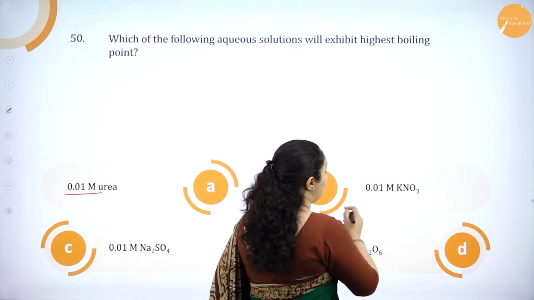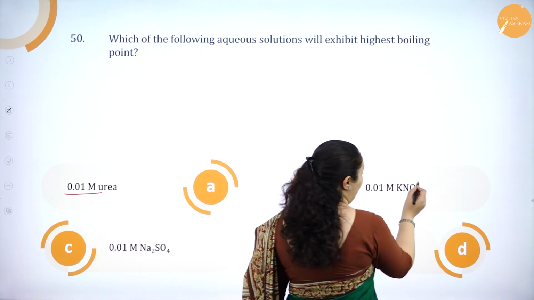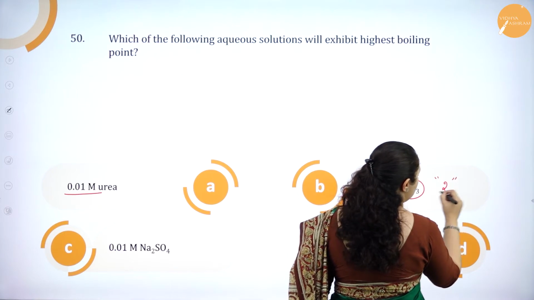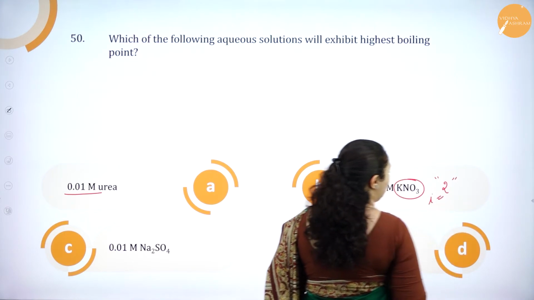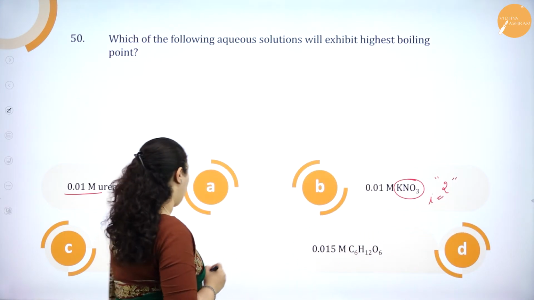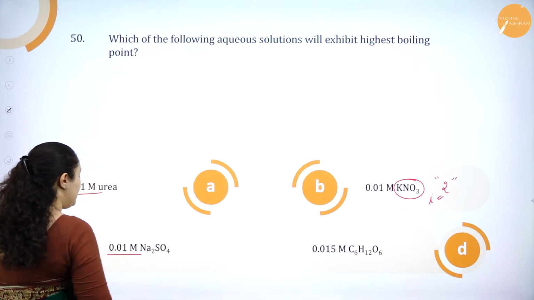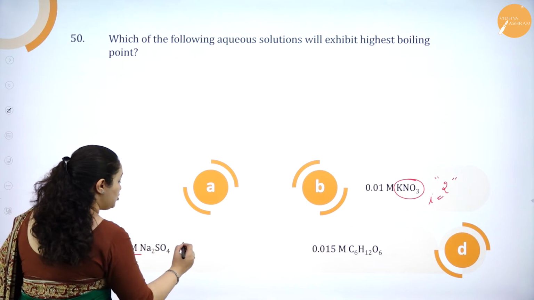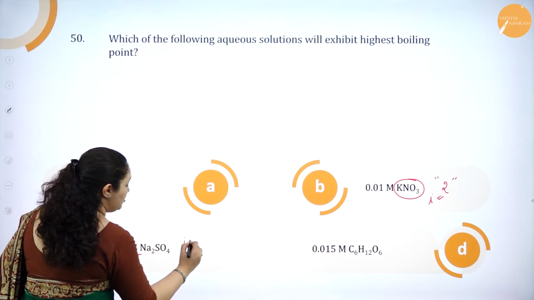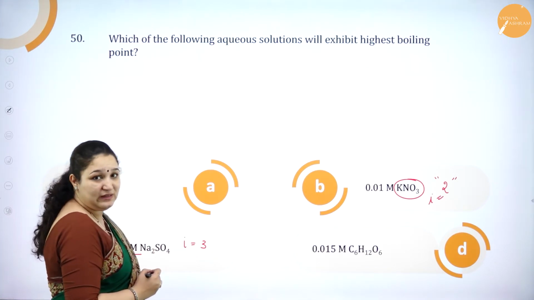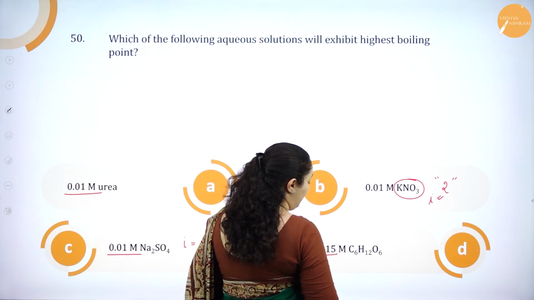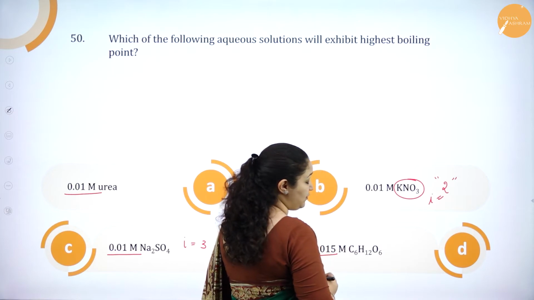Next, we have 0.01 molar KNO3. Potassium nitrate will give 2 ions. So i is equal to 2 here. Next one is 0.01 molar Na2SO4. Here 2 sodium ions and 1 sulfate ion. So i will be equal to 3. And next we have 0.015 molar C6H12O6.